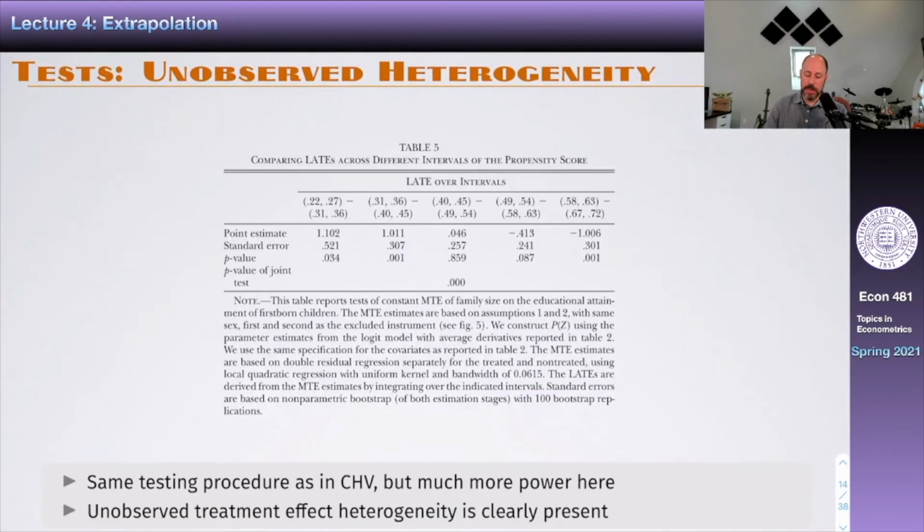And actually, what they do here in one of the tables is compare the weights across different intervals of the propensity score, which is again one of the tests that we saw last time to see if there's heterogeneity, and the p-value in this case is 0. Okay, so here the evidence is a lot stronger than in the paper by Carneiro, Heckman, and Vytlacil.